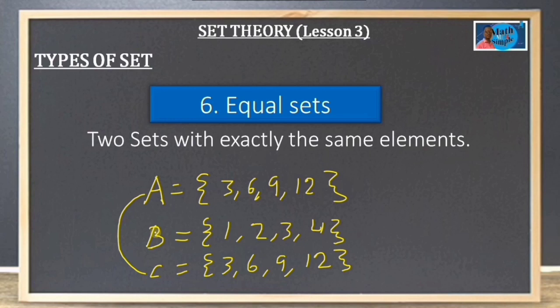So when they have the same cardinality, they are equivalent sets. And if they have the same members, then they are equal sets. So set A and set C are equal sets, and set A and B are not equal sets. B and C are also not equal sets.